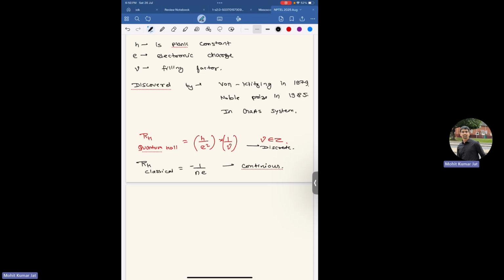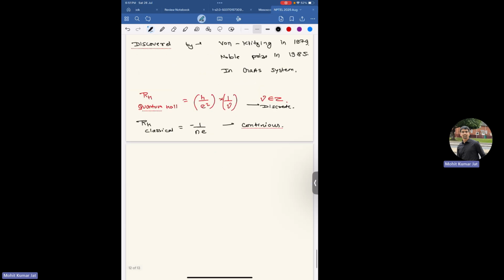Otherwise it's not possible through classical mechanics to explain this quantized phenomenon, because in quantum mechanics the energy levels are discrete. You are probing different energy levels depending on which filling factor you are sitting at. So this is essentially a quantum phenomenon, and that's why it's known as the quantum Hall effect.